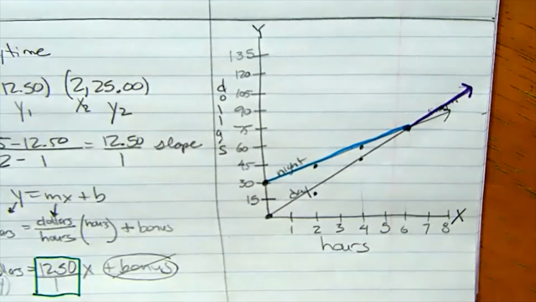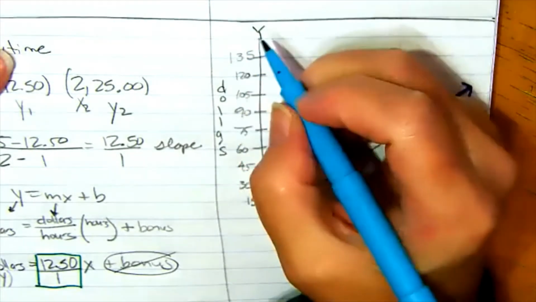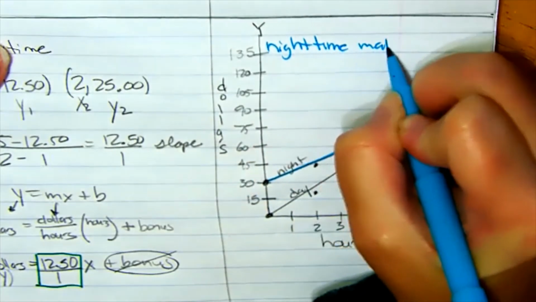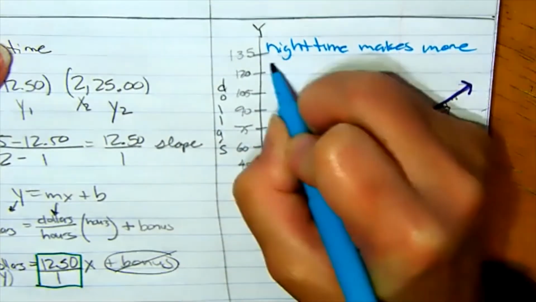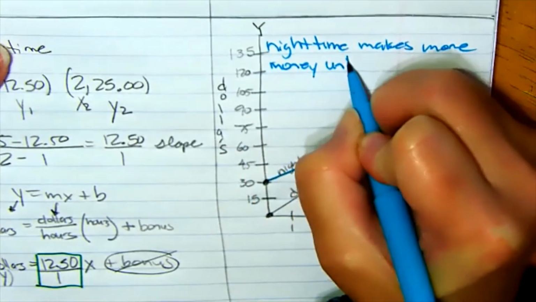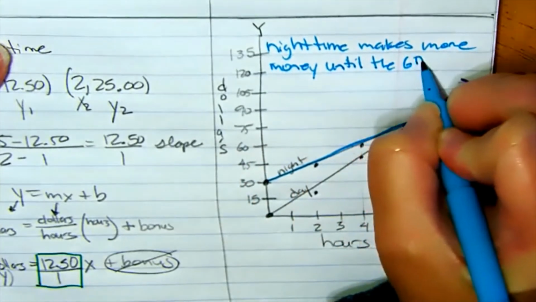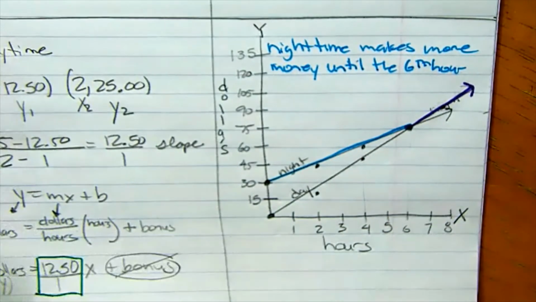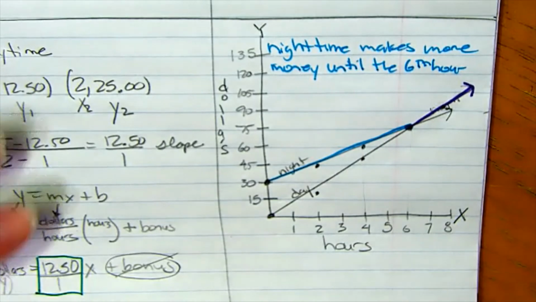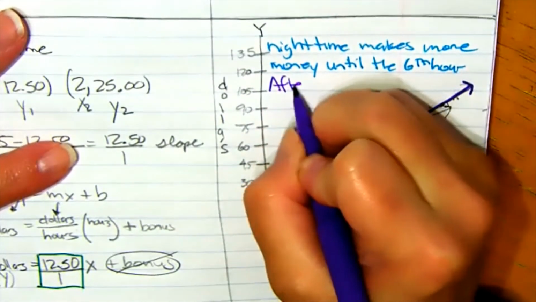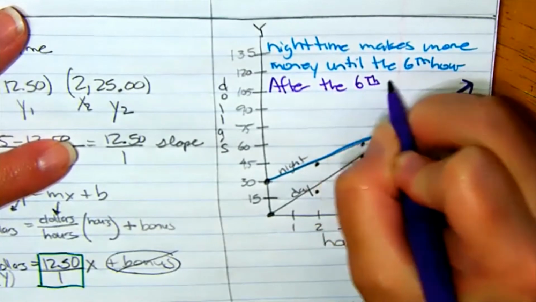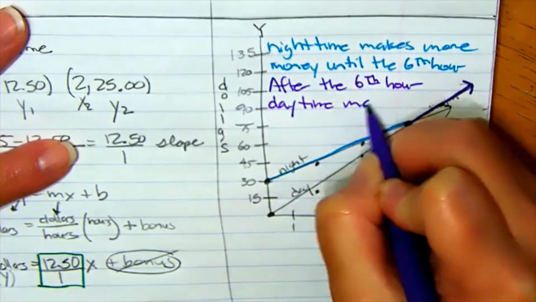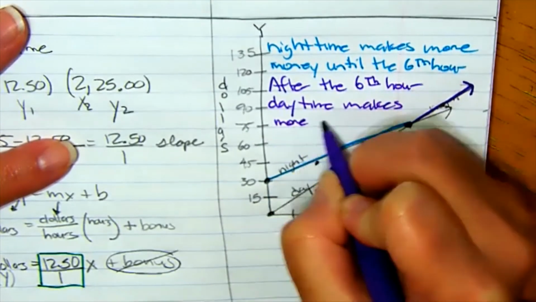So this graph is telling me that nighttime makes more money until the 6th hour. After the 6th hour, daytime makes more money.